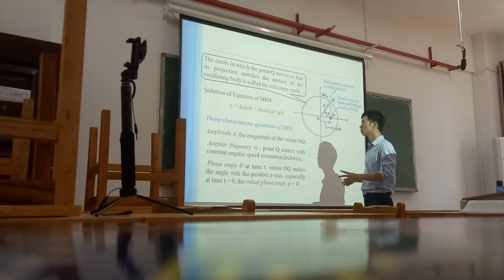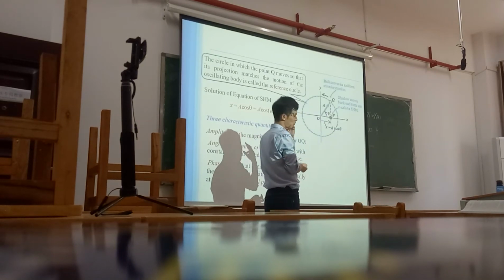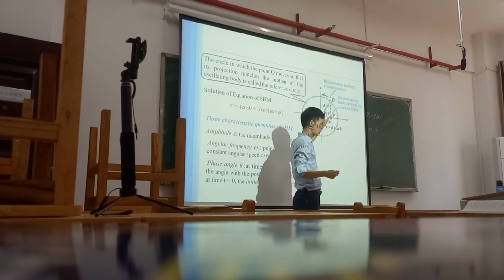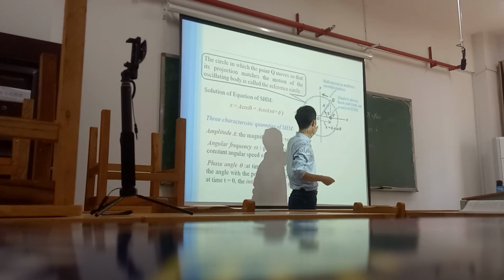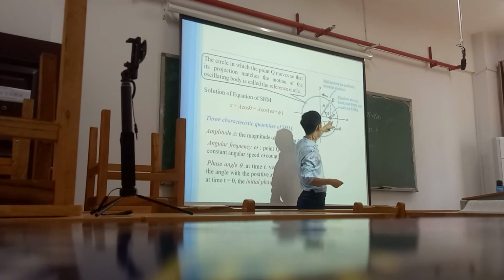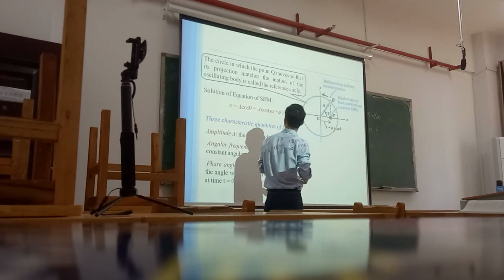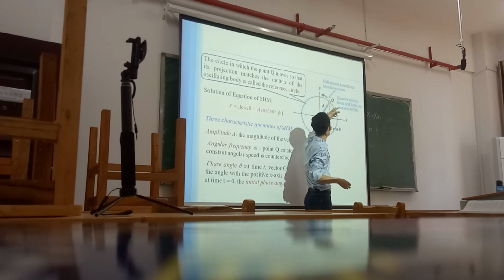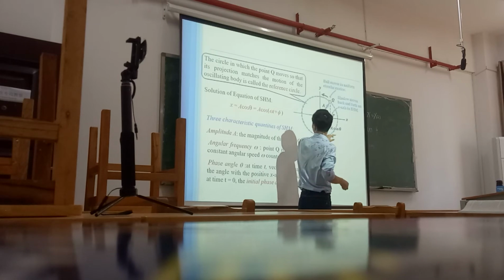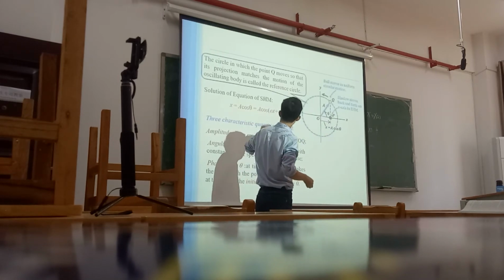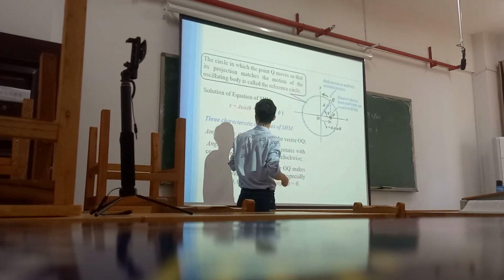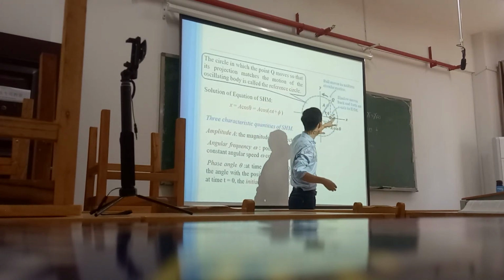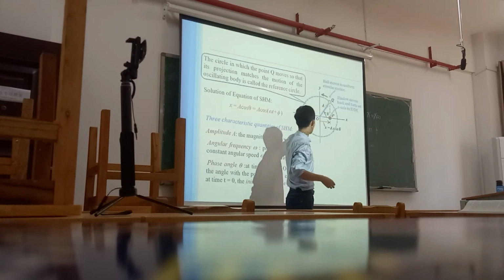So now we try to describe the motion of the point P. When Q is at this point, then x is equal to A cosine theta, and theta is the angle between OQ and the x-axis, because Q does circular motion.